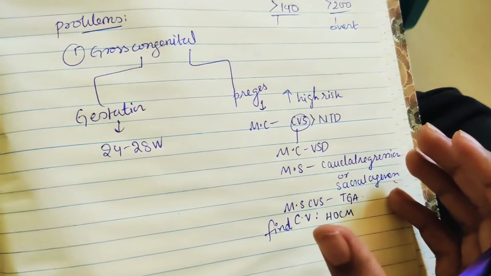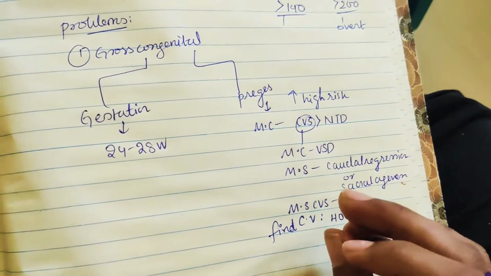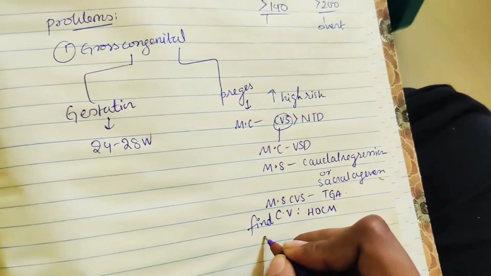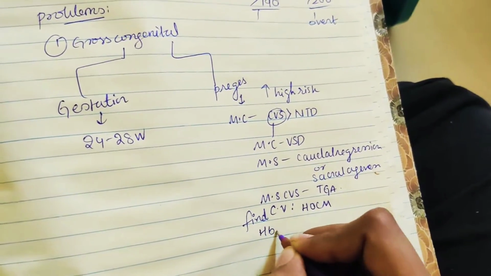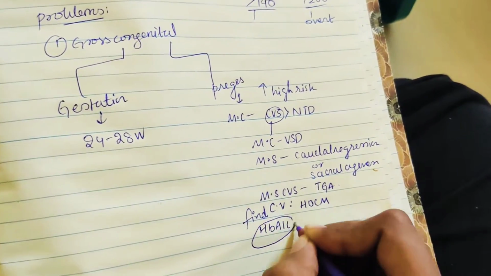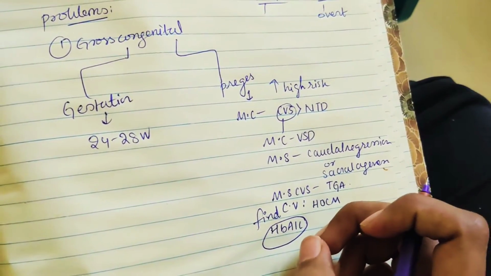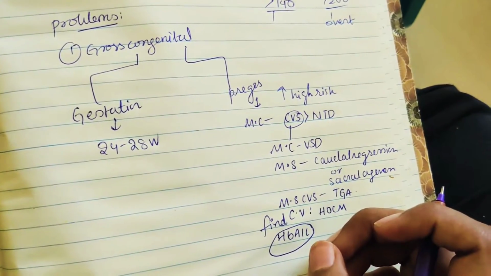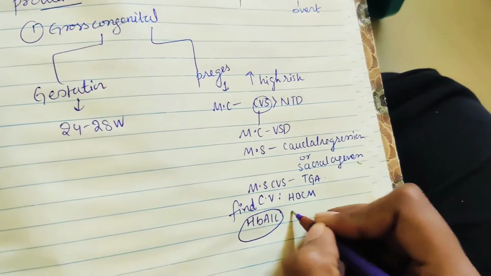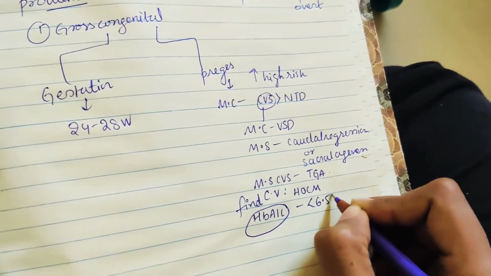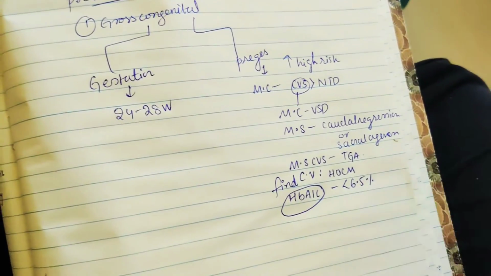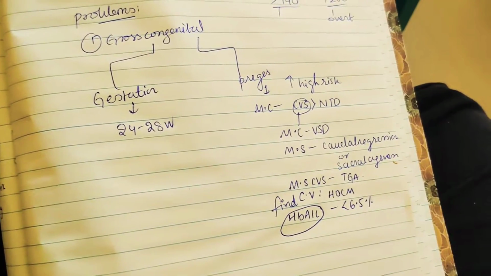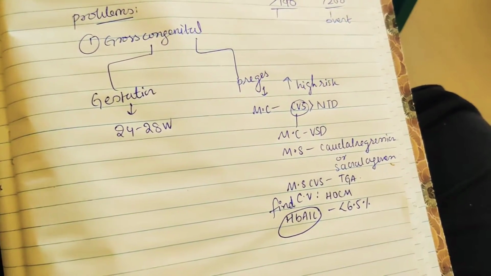And what is the test to predict all these anomalies in babies of a diabetic mother? The test is HbA1c. As we discussed before, the ideal HbA1c should be less than 6.5 percent in a non-pregnant woman or before pregnancy.